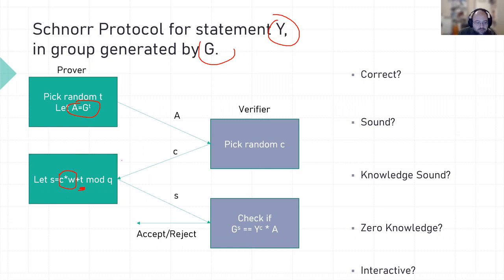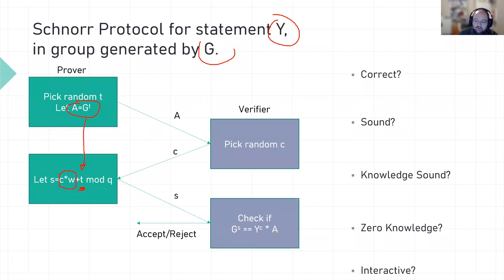But since there is this value of T involved, this S does depend on the witness and challenge, but there is also this additional component that helps to essentially blind the witness. So the prover is happy to send this solution S, and now the verifier will check if G to the power of S is equal to Y to the value of C times A. And at this point, we can think of the standard questions when analyzing a protocol: is this correct?